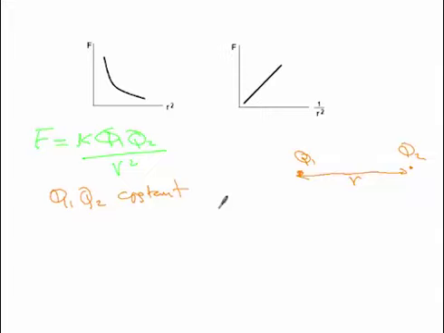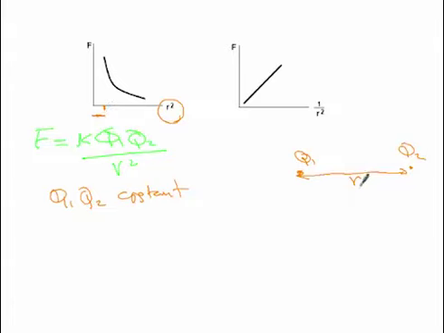So what will happen here, as you see from this formula, there is an initial distance between, be careful that this is R square. So there is an initial distance between Q1 and Q2, which is this.